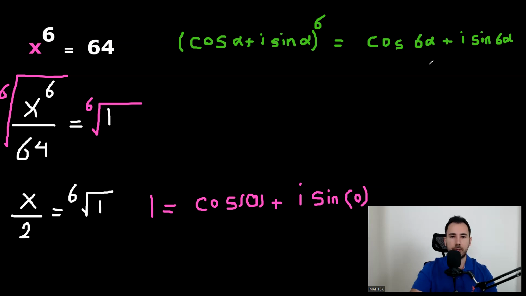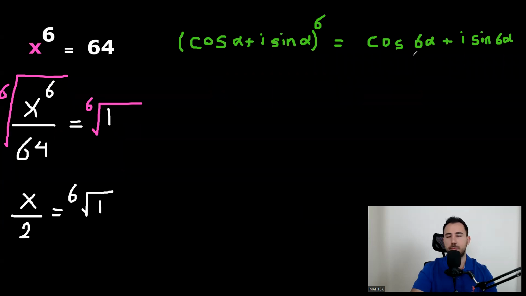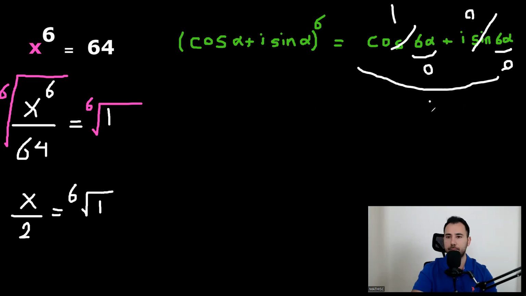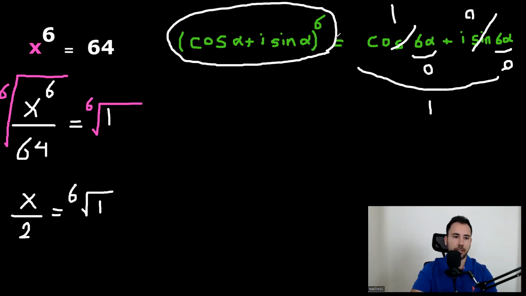Now I'm going to go on and clean this. See, as the first step, we could assume that 6 alpha is 0. We could do that. If 6 alpha is 0, this would be 0, and this would be 1. So the whole thing here is 1. Okay? So all of this would also be 1. So I could write it all the way instead of 1.